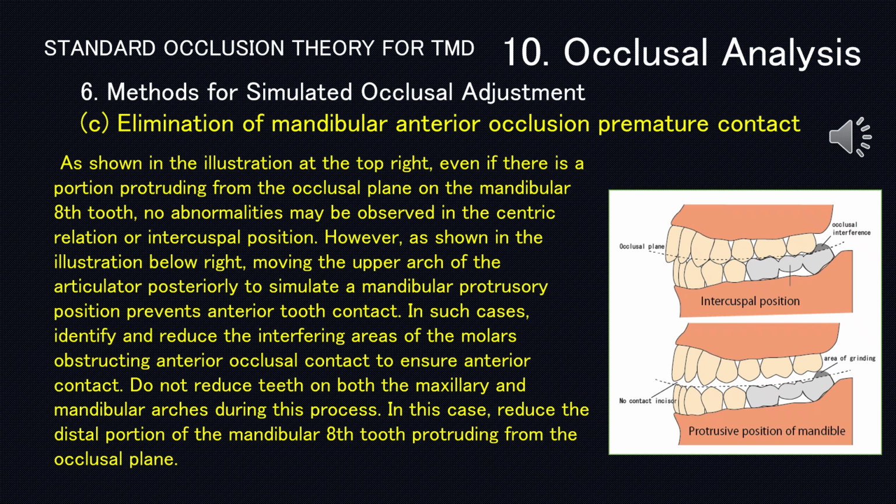In such cases, identify and reduce the interfering areas of the molars obstructing anterior occlusal contact to ensure anterior contact. Do not reduce teeth on both the maxillary and mandibular arches during this process. In this case, reduce the distal portion of the mandibular eighth tooth protruding from the occlusal plane.